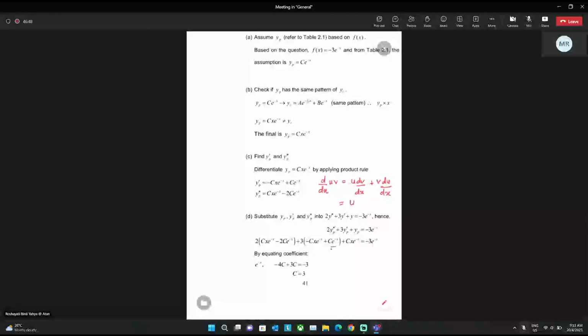Sometimes you can use UV prime plus VU prime. This is the product rule. So class, for your YP here, which one can you choose for your U? Do you want to choose X or exponential X?